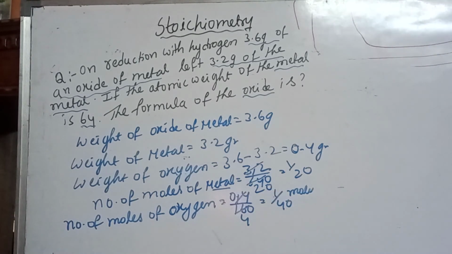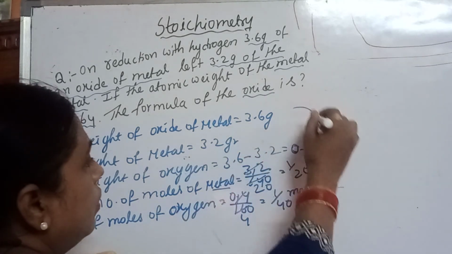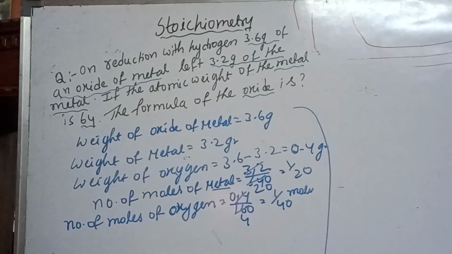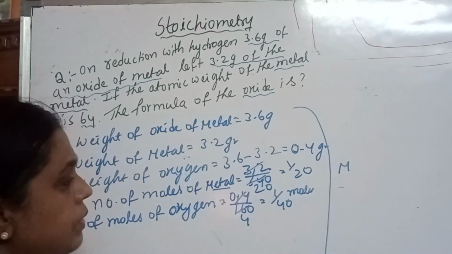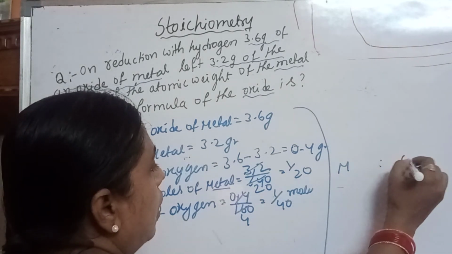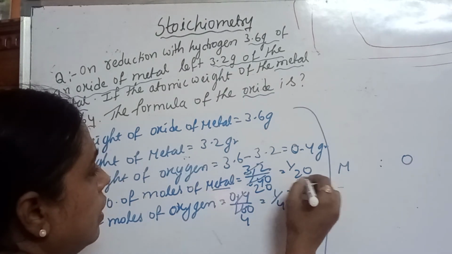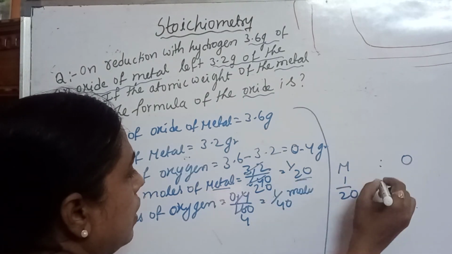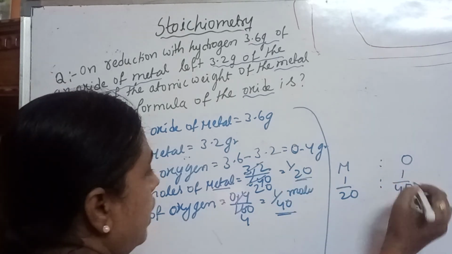From this, in the next step take the ratio of these numbers of moles to know the formula of the metallic oxide. Here the metal is indicated by M and the oxygen by O. The number of moles of metal is 1 by 20, and the number of moles of oxygen is 1 by 40.